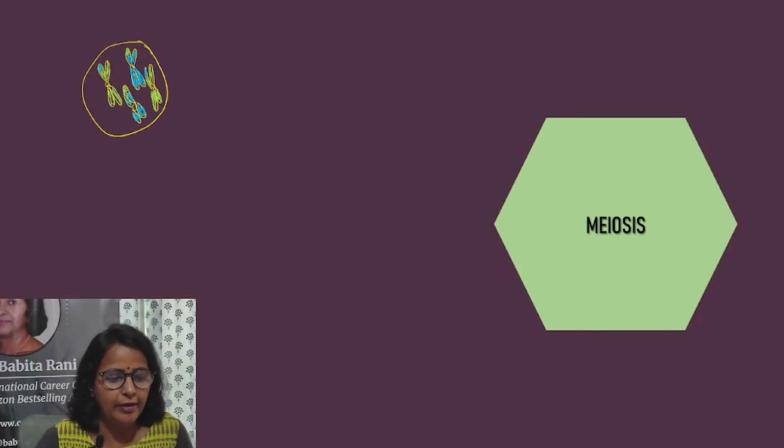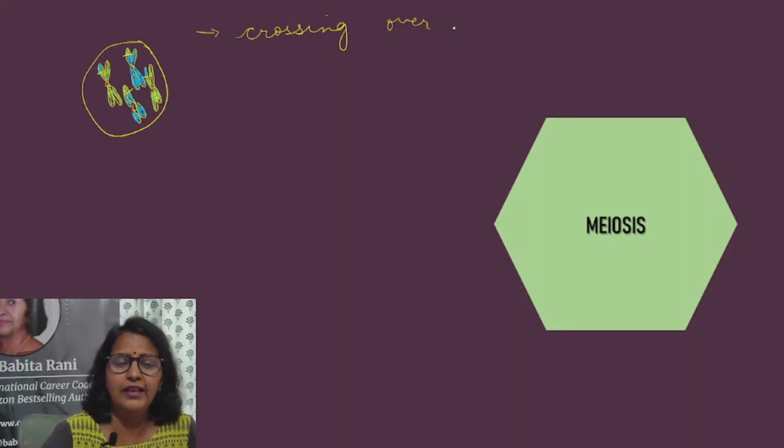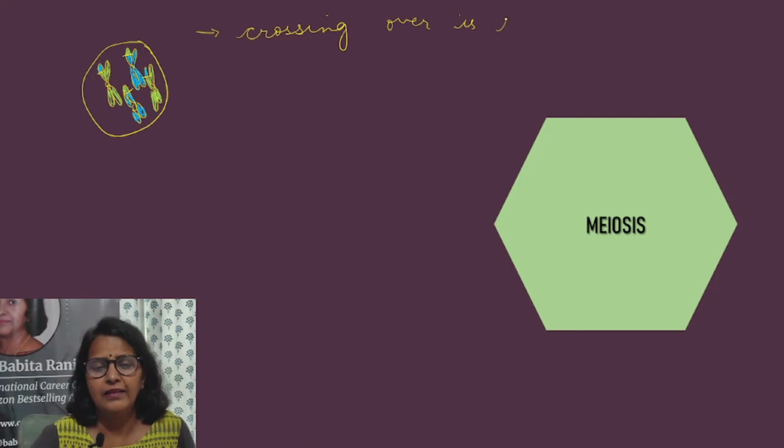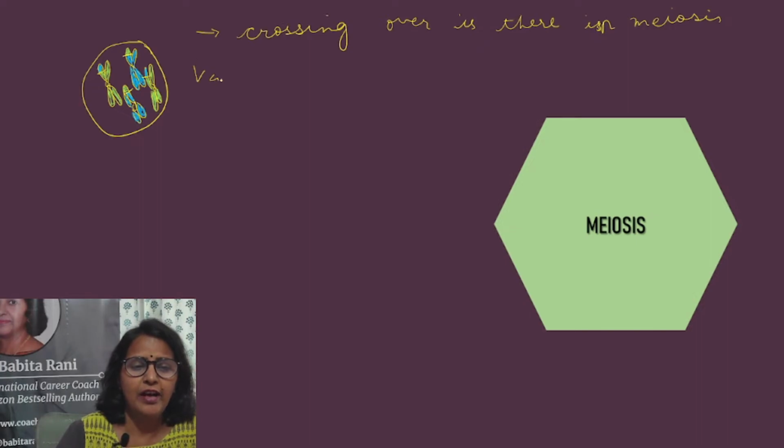Why is this happening? Because the exchange of genetic material has taken place over here. See, these are the places where exchange of genetic material has taken place, and this is known as crossing over. So, crossing over is seen in meiosis, and what happens because of this crossing over?